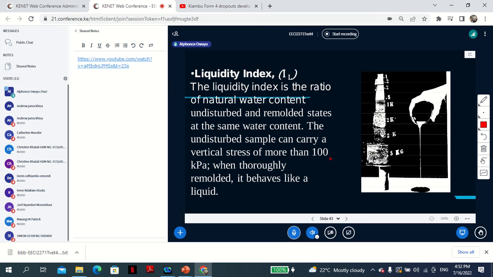But once you load them, they become like a liquid without adding water. What we suspect is that the loading or shearing action leads to something akin to a chemical reaction, not well understood yet, that releases a lot more water into the sample. So when it looks stable, you measure the water content, and then after disturbing it, when it's behaving like a liquid, you measure the water content, and you compare the two. That becomes your liquidity index.